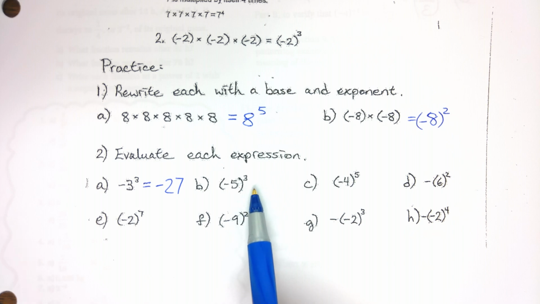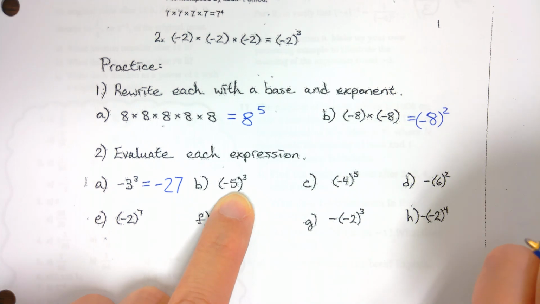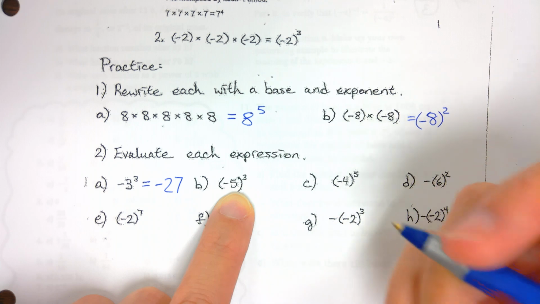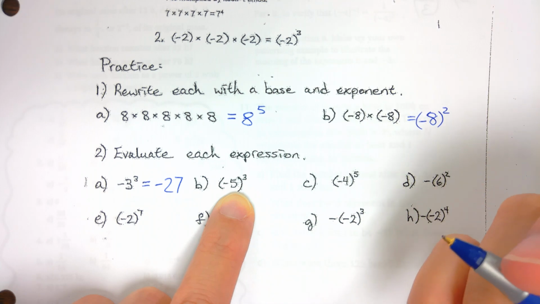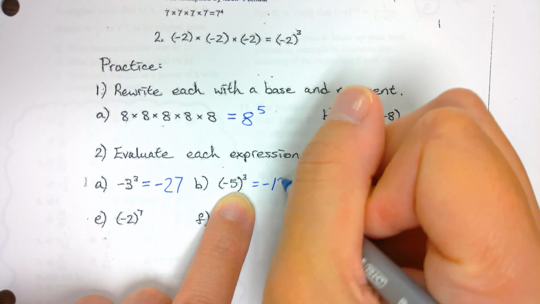Aisha, I saw you punching on your calculator, I thought you got the answer. Alexander? Negative 125. Good.